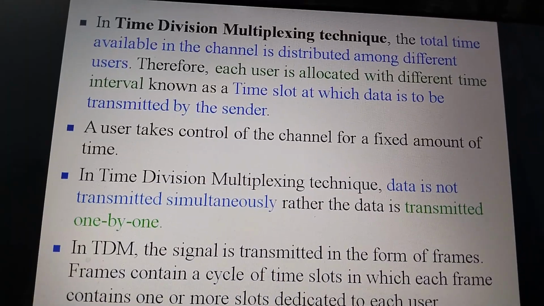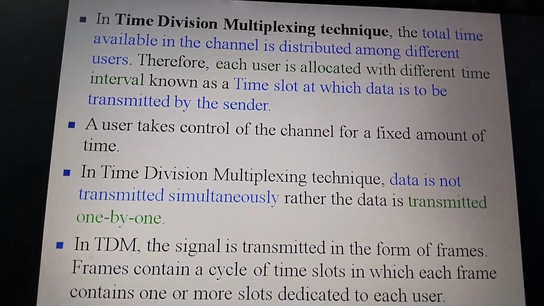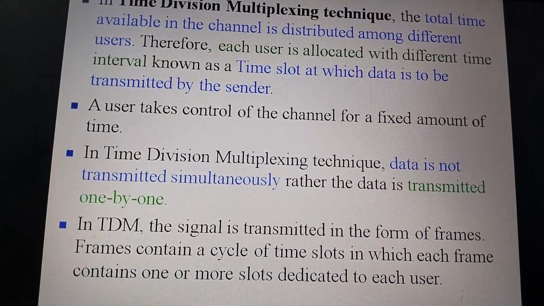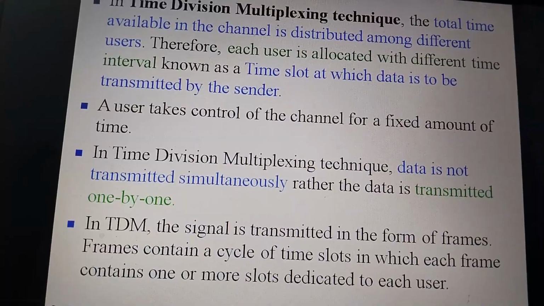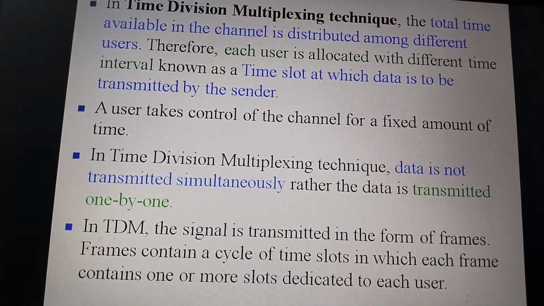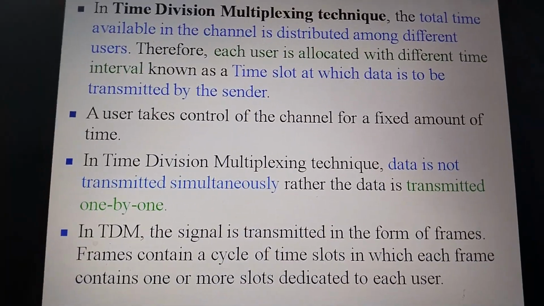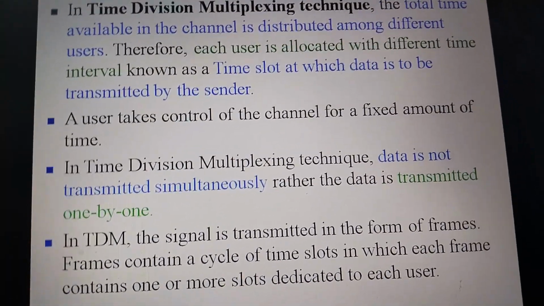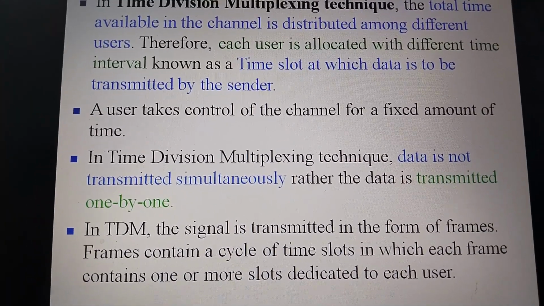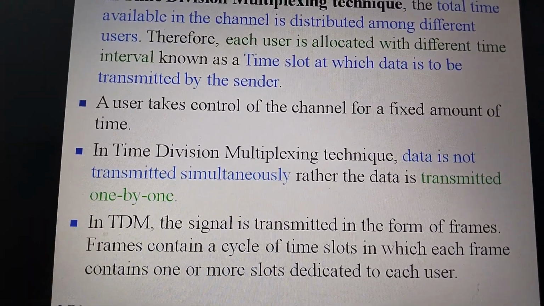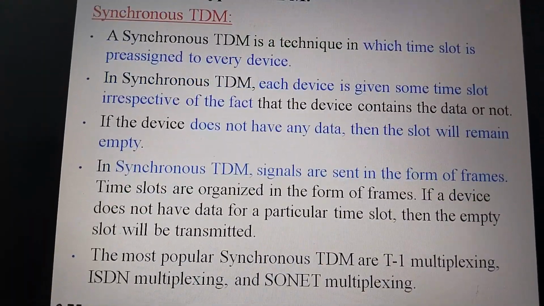Here, a user takes control of the channel for a fixed amount of time. In time division multiplexing, the data is transmitted in the form of frames from sender to receiver, and those frames contain one or more slots dedicated to each user.